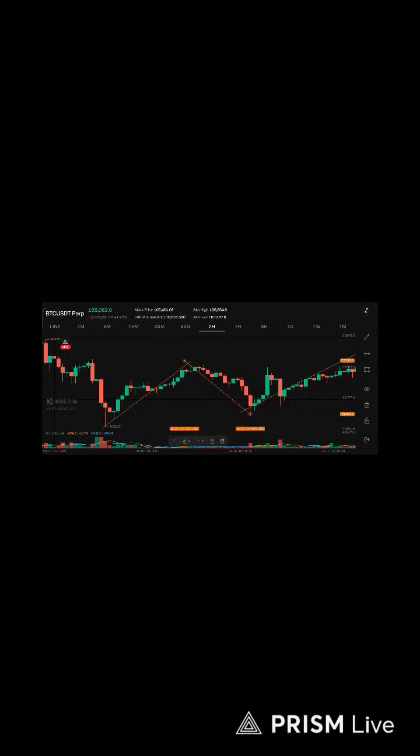And if you can see this, this is what I mean. This is the candle, the green candle here. This green candle I'm talking about here. It's the green candle definitely.